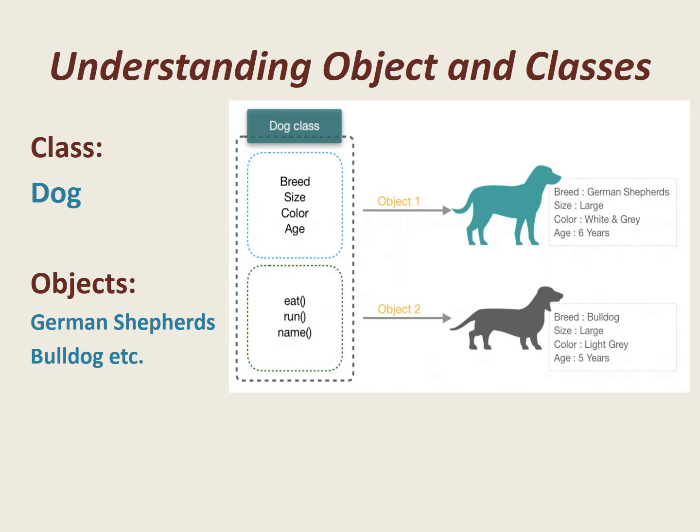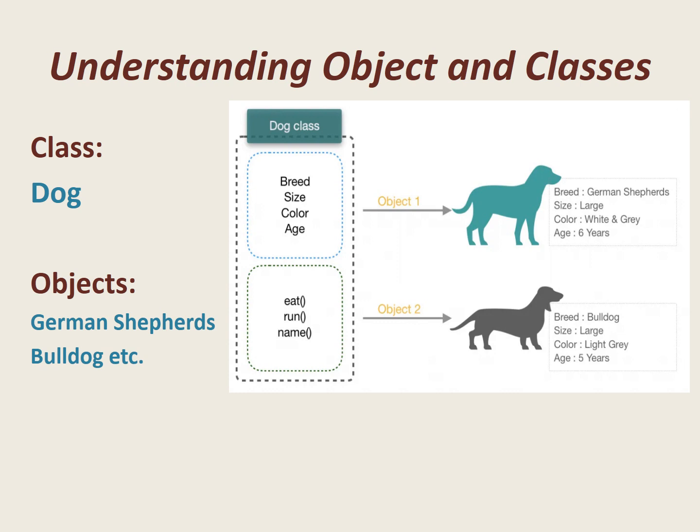And what a dog does, meaning the activity or behavior of the dog, can be represented as functions in programming language, and these are eat, run and name.